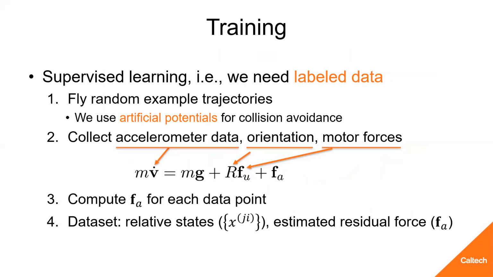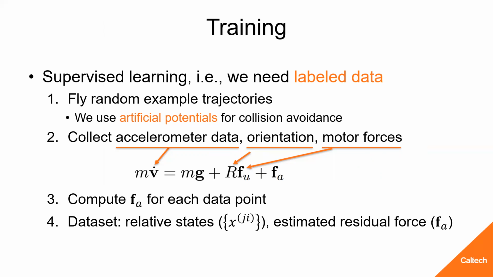Now, for training, we of course need data. So how do we get data here? It's actually fairly straightforward. We fly random trajectories. We have to avoid that the robots crash into each other, so we use the most basic approach that's out there, which is artificial potentials. It does require a lot of tuning, but eventually you get it to work.